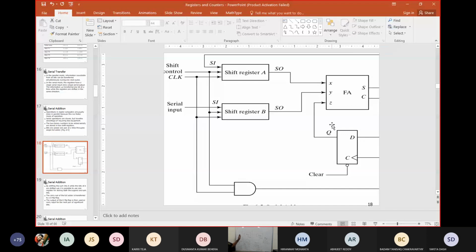Parallel full adder. Remember the binary parallel adder? Can I take that as a binary parallel adder? You guys have forgotten the combinational circuits?